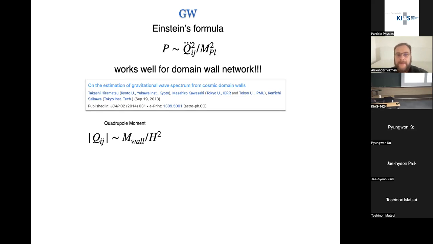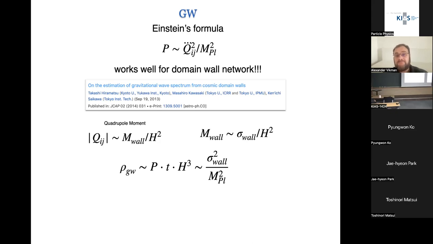So basically what you say is that the quadrupole moment is, roughly speaking, this mass multiplied with radius squared. Our radius is 1 over H in the scaling regime, so it's M wall divided by H squared. Don't forget that M wall is sigma wall divided by H squared. Then of course the third derivative of the quadrupole, you also multiply with H every time, right?